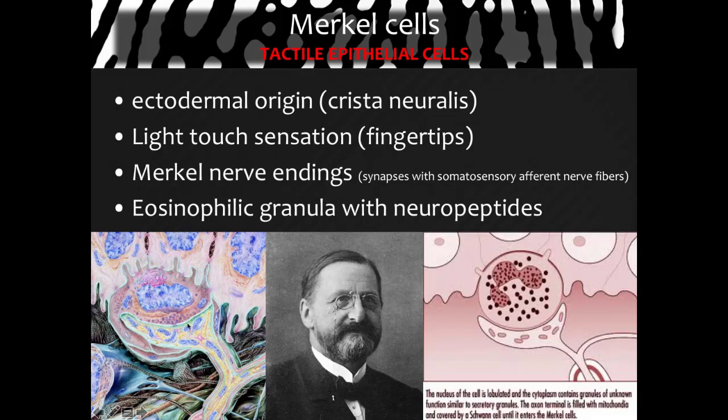Like here you can see this is the nerve ending, and this structure together, the Merkel cell, which synapses with the afferent nerve fiber, is called the Merkel's corpuscle, which is a mechanoreceptor.